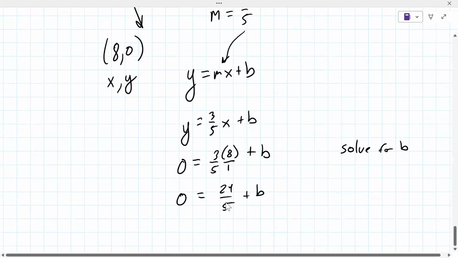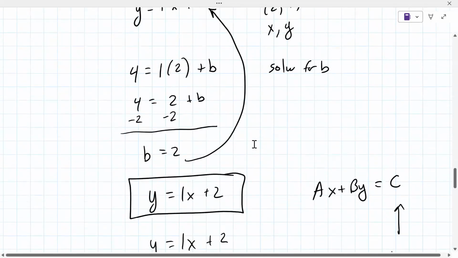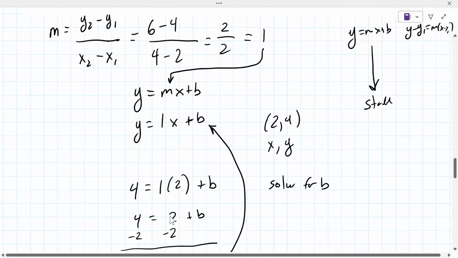How do we solve for b? How do we undo this number here? It's the same as the previous problem. There's no magic. There's just doing whatever we did in the previous problem to solve for b. How did we undo this number?